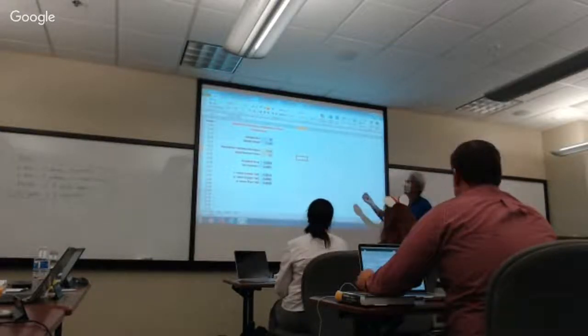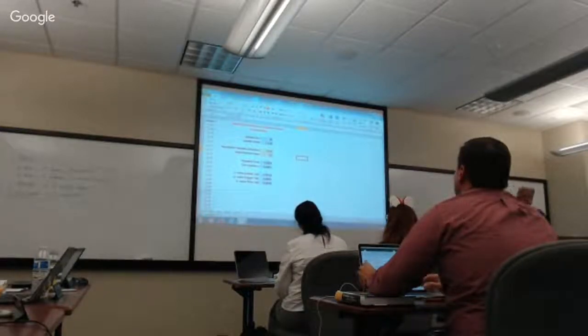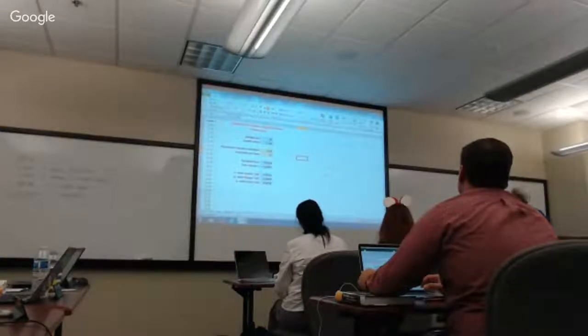What does it take to actually test this hypothesis? What are those values at 95% when you have a two-tailed test? 1.96, and this would be the minus 1.96.